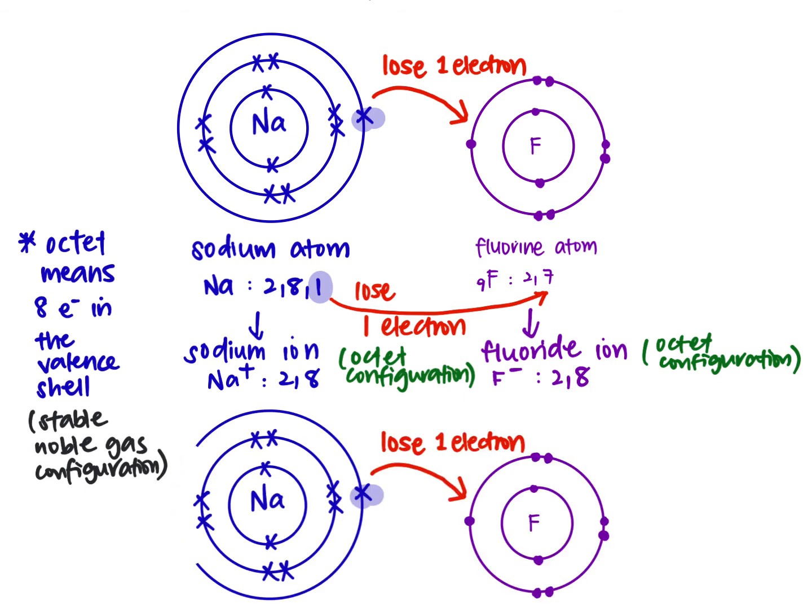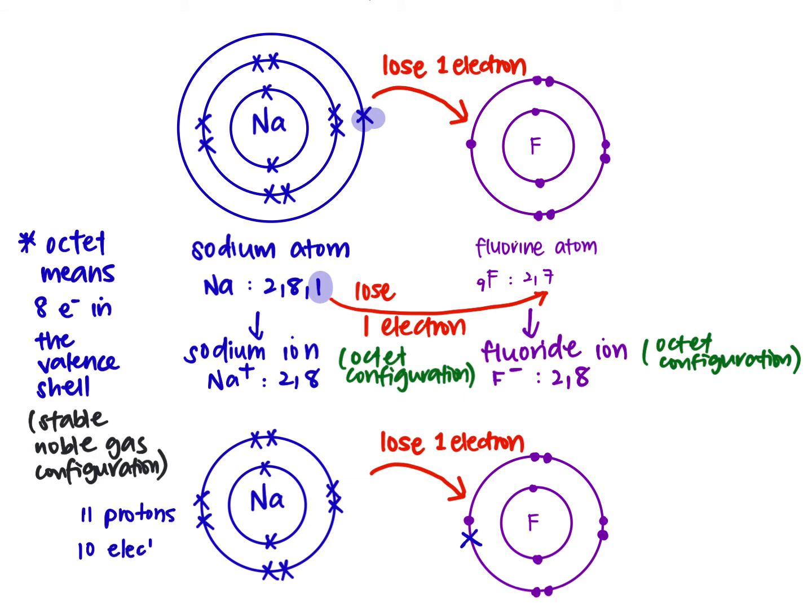Now, losing that 1 electron, there's no longer the third shell. So I'm erasing to show the loss of this 1 electron, and we'll add it into fluorine atom.